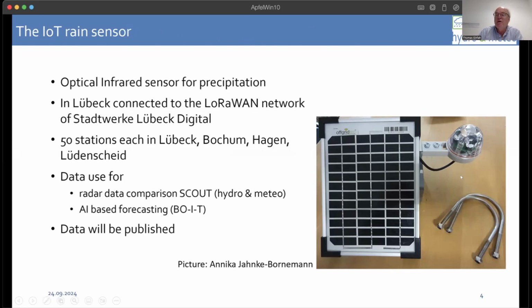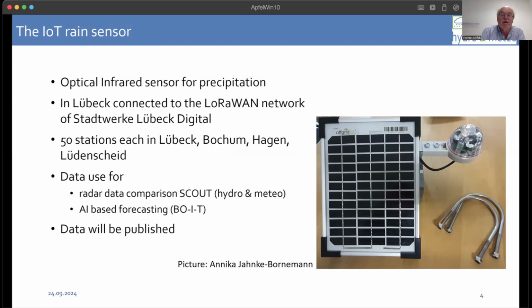It is working with infrared technology, and we connected it to the LoRaWAN network in Lübeck, and we have in Lübeck 50 stations of this kind, and there are another 50 stations in Bochum, in Hagen, and in Lüdenscheid.